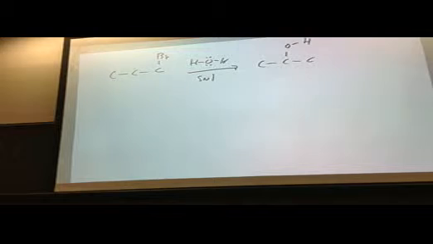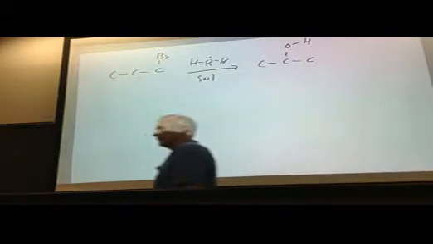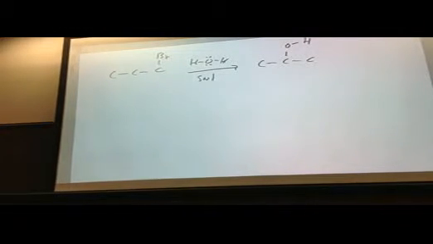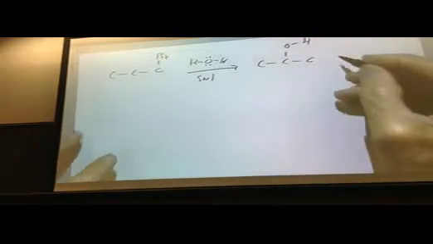The slow step is always the formation of the carbocation. I'm not going to ask you which is the slow step. Just give me the 4 moves that allow you to go from the starting material to the product. And I guess I should write the other product for you. HBr.